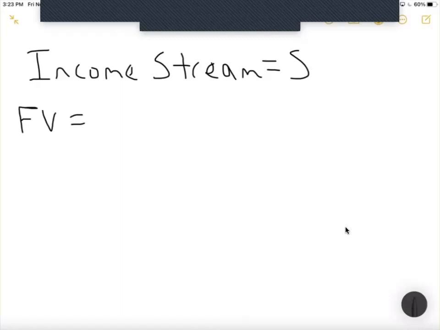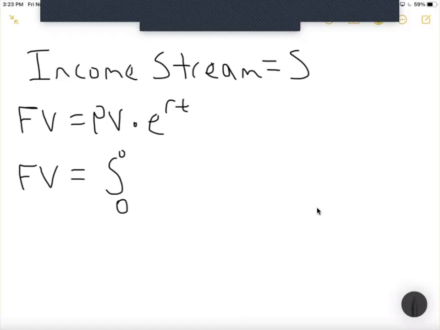We have equations for these. We have future value equals present value times e to the RT. And then we have an equation that relates future value to income stream. That is the integral from 0 to a of S times e to the RT dt.